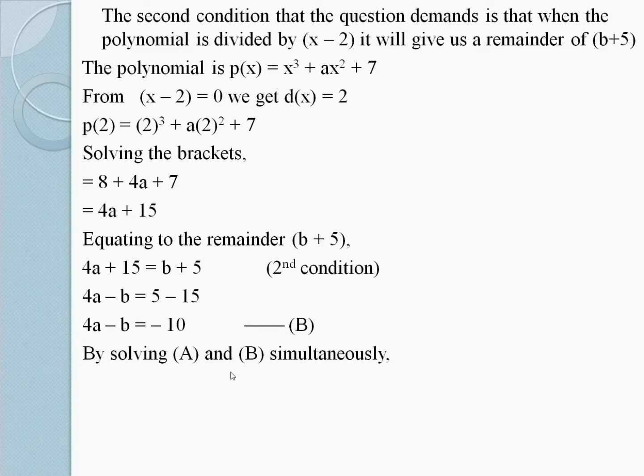By solving a and b simultaneously, a plus 6 equals 2b.